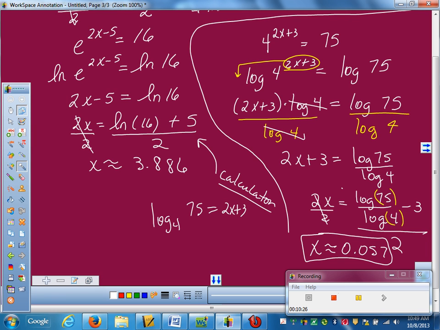Usually your calculator didn't do base 4 logs. You could only do commons or naturals, so we had to. You have to stop and think about whether that is going to get you later if you did it that way.